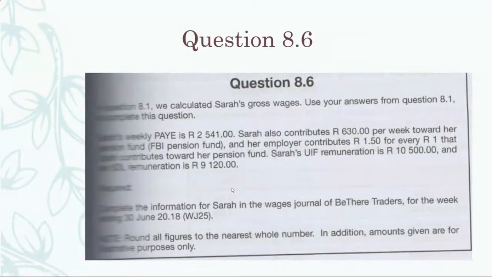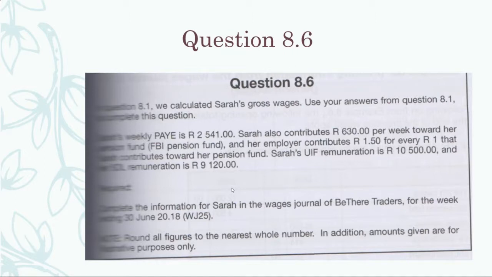So question 8.6, you can find it in your textbooks. Let me just quickly see where it's in mine. I can give you an indication of yours. Okay, so my textbook, it's on page 245, so it should be in yours on 249 about.